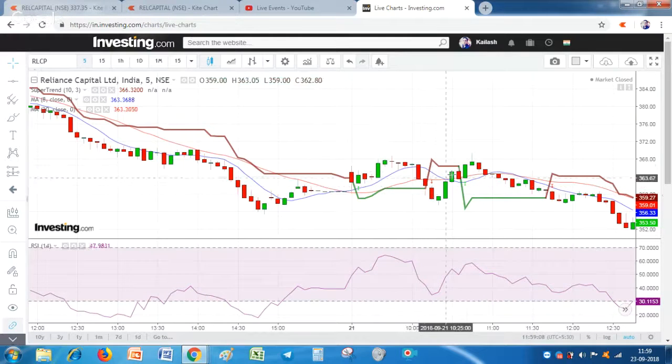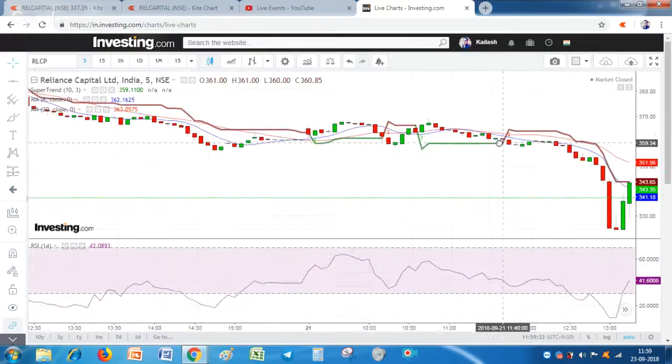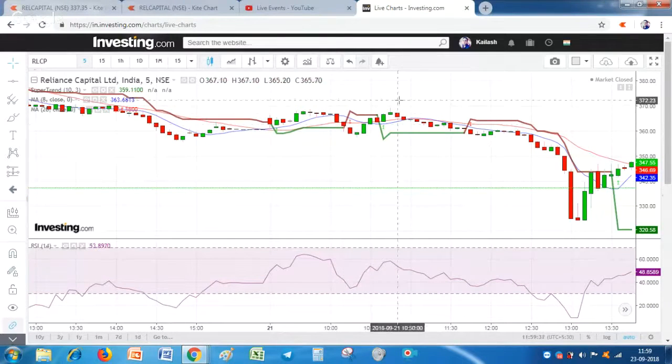I gave a stop loss of 369, but the stock made a high of 369.25. It shows 369.25 actually, so it just hit the stop loss by 25 or 50 points, hardly. After my sell call, the stock gave an upward move.